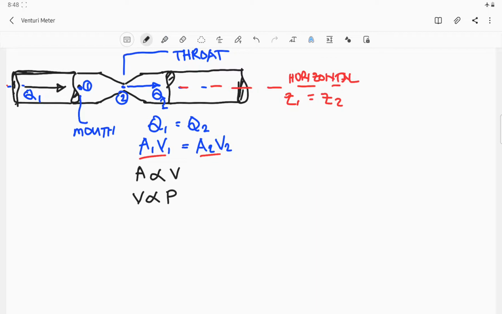So by determining the difference in pressure, we can determine the velocity of the flow passing through the instrument. In determining the difference in pressure, that is where the manometer comes in.